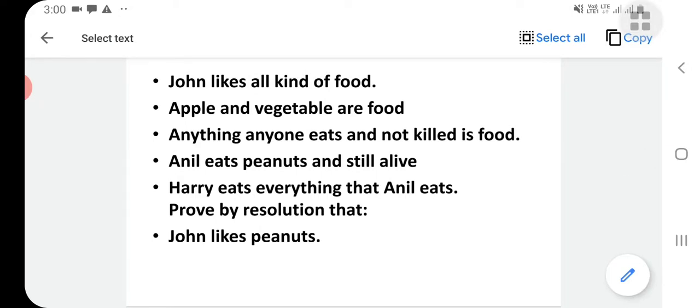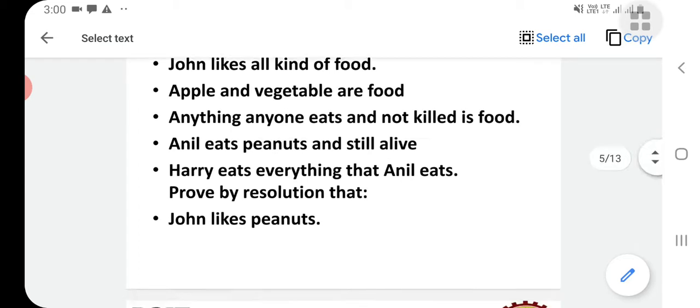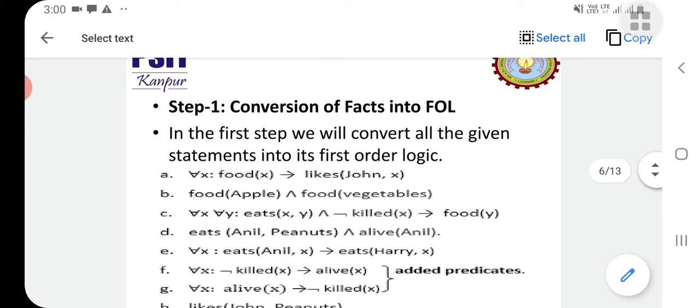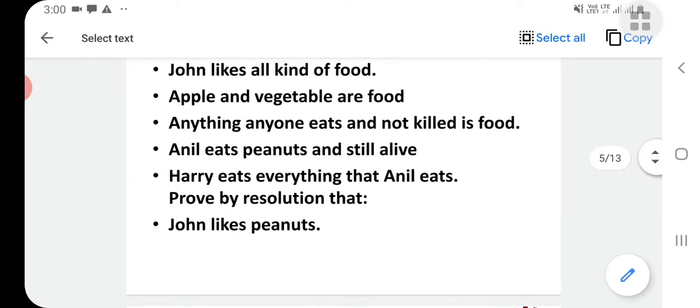Now third, anything anyone eats and is not killed is food. Anything anyone eats will be converted to for all x, for all y, eats x comma y.